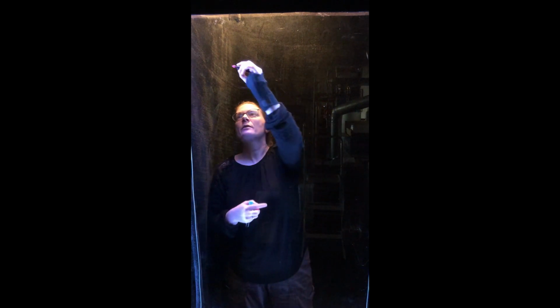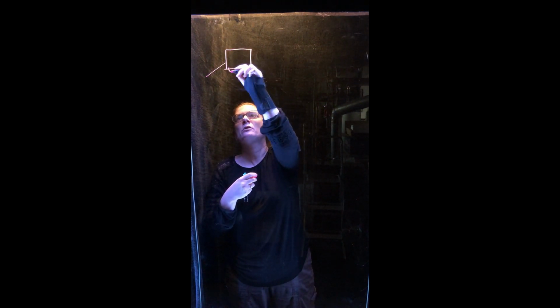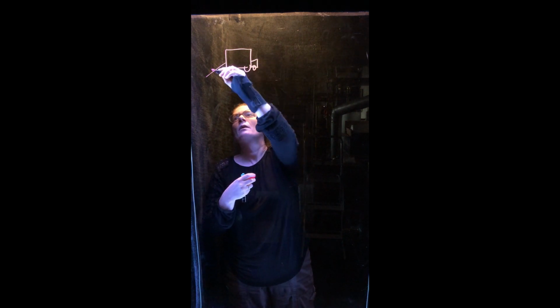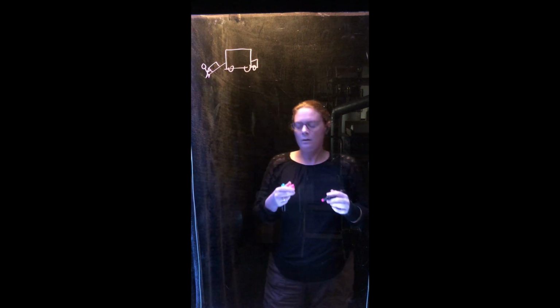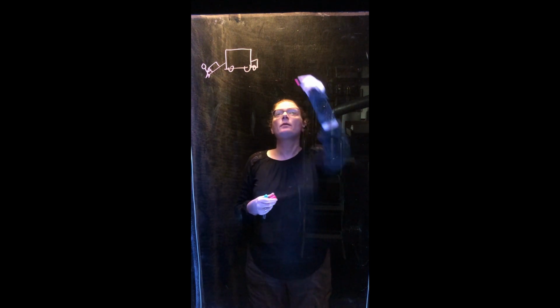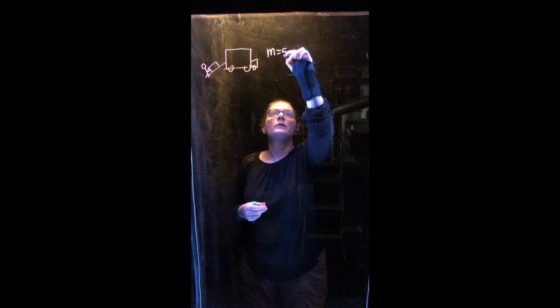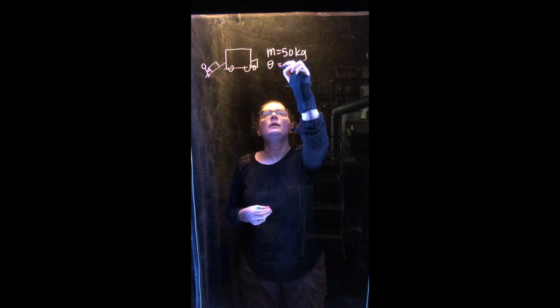All right, that's our problem. Our problem-solving steps: draw a picture. So we're trying to push a couch up into a big truck. So couch, person. Okay, there's our picture. Knowns and unknowns. The mass of the couch is 50 kilograms, and the angle is 18.